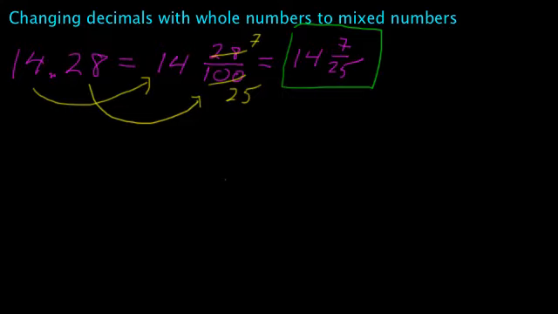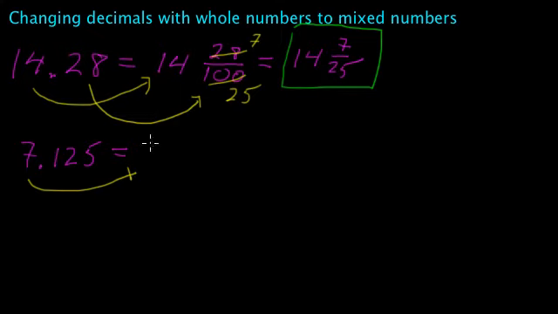Let's try one more example. If I were given 7.125 as a decimal number, what would that be to be changed to a mixed number? Well, first step is to continue with our integer.